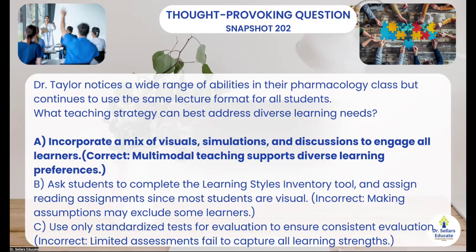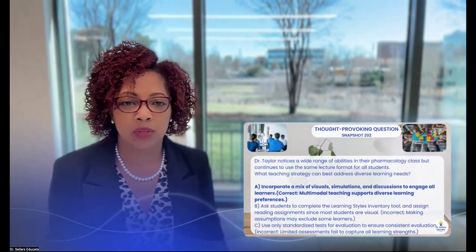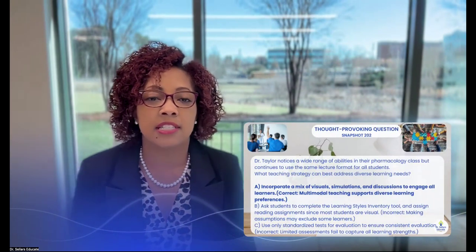And then C is incorrect because we are limiting students' evaluation, and really our ability to validate that learning has happened, when we only use standardized tests. Think about what we mentioned earlier about standardized tests on pages 22 through 27 in the 6th edition.